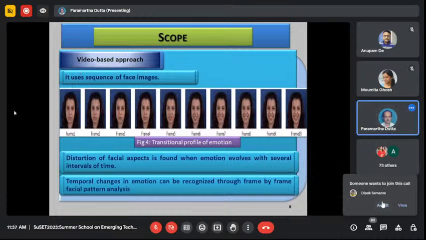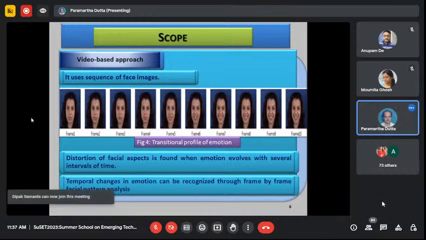So our goal is to identify the transition from one emotional state to another that is reflected in a sequence of images or video images. Right? So that is the challenge for the present.